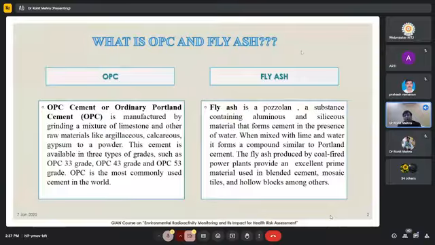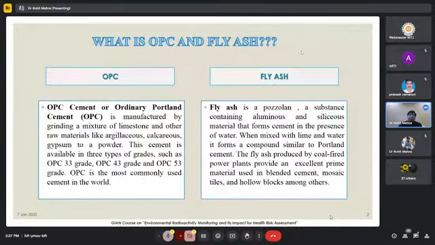Now, if you talk about the commercial availability of cement, once you purchase cement from the market, you cannot get OPC, the ordinary Portland cement, which is a pure cement in layman's language.